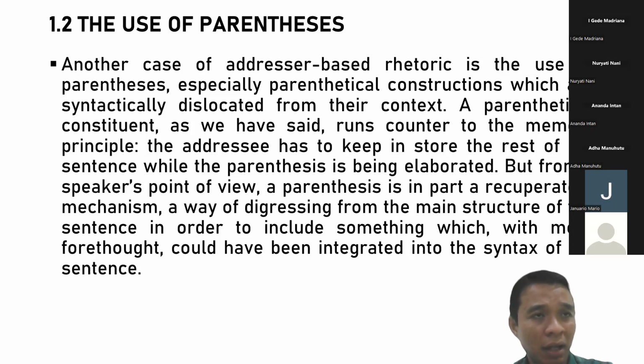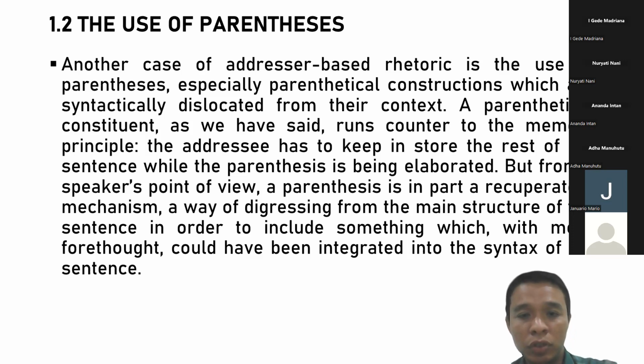So that's the main function of the parenthesis in another case of addresser-based rhetoric. So parenthesis is very essential in another case of addresser-based rhetoric.